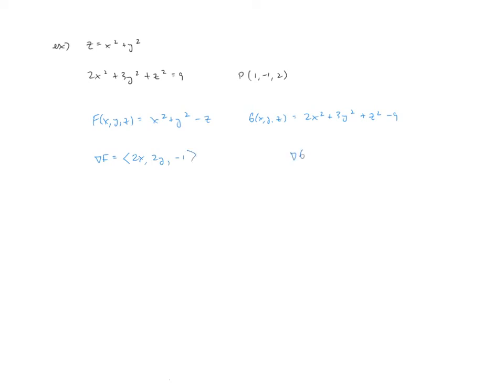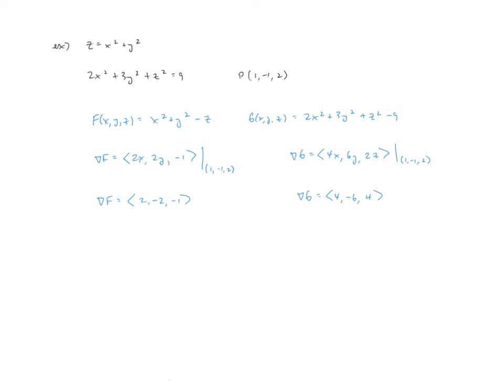And for the gradient of g, that's going to be a 4x, a 6y, and a 2z. I'll need to evaluate both of these at the point (1, -1, 2). And in doing so, we find the gradient of f is going to be (2, -2, -1) and the gradient of g is going to be (4, -6, 4).